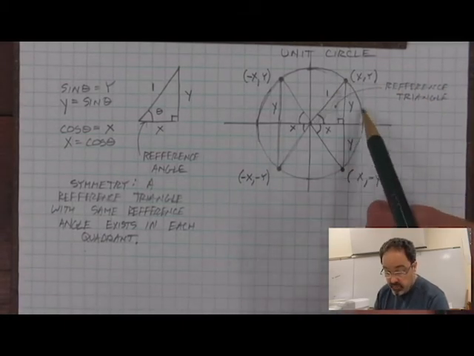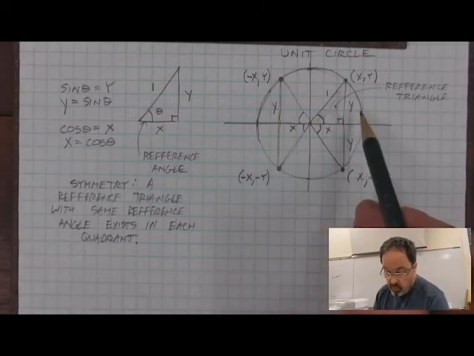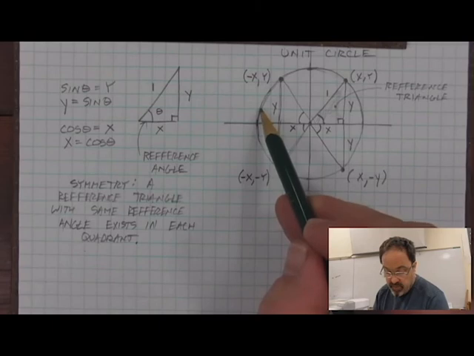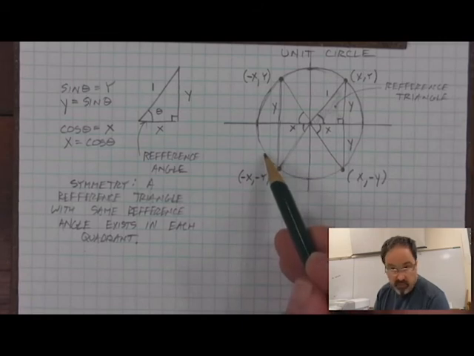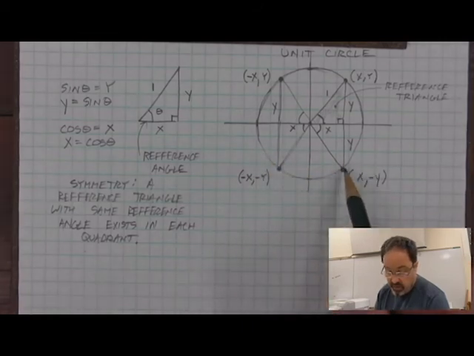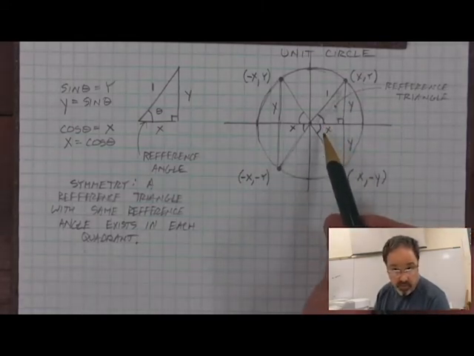Wherever you have a point in the first quadrant, you will be able to find three others. One that has a negative x and positive y value, one that has a negative x and negative y value, and one that has an x and negative y value, creating reference triangles with reference angles that are all the same measure.